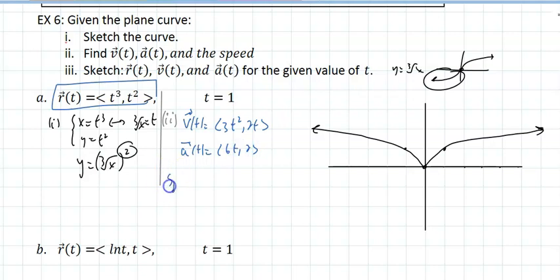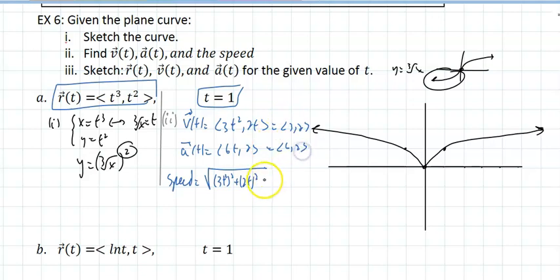And speed in general is the square root of (3t squared) squared plus (2t) squared. You could do it that way. Now, evaluate it at t equals 1. At t equals 1, I'm really looking at (3, 2). I'm really looking at (6, 2). And I'm really looking at the square root of 3 squared, 9, plus 2 squared, which is 4, square root of 13. Got everything. Now put them on the graph.